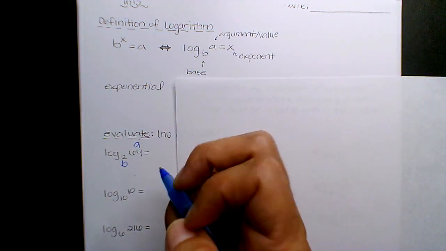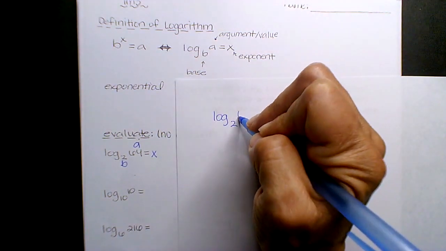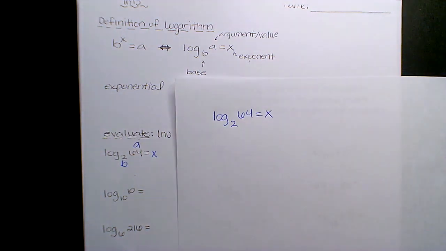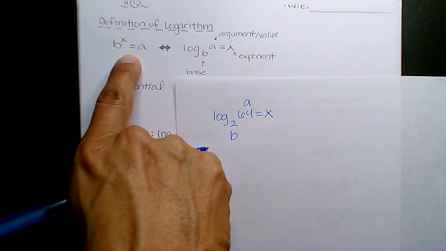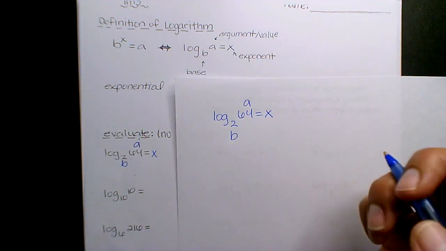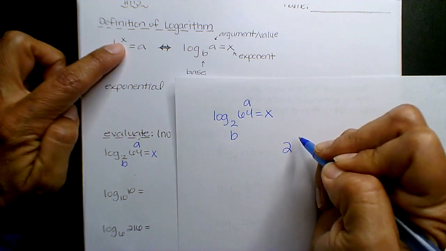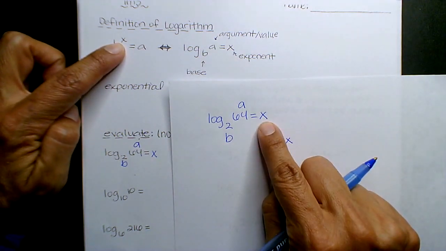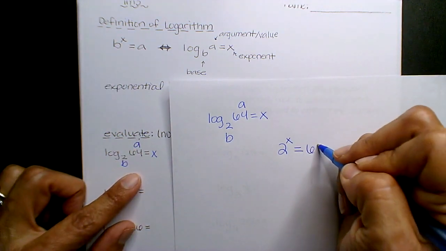So log base 2 of 64, I'm looking for x. If I rewrite it in exponential form, it's b, which is 2, to the x, which equals a. What's a? 64.